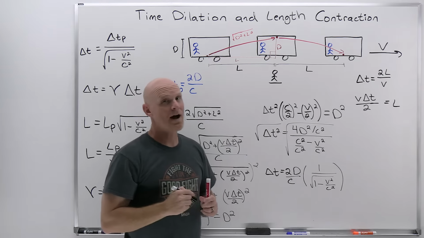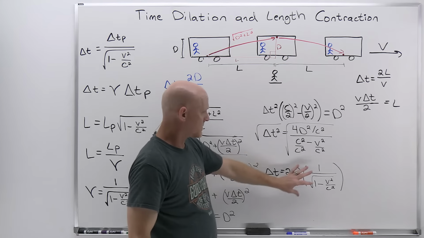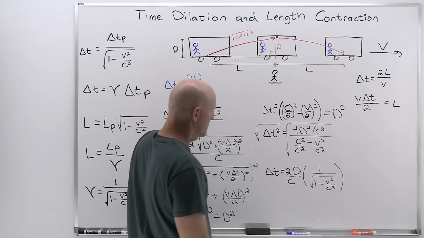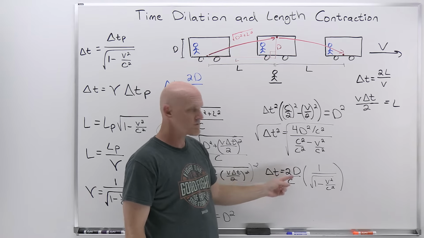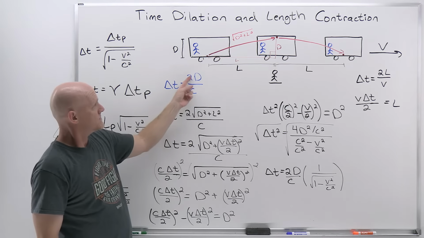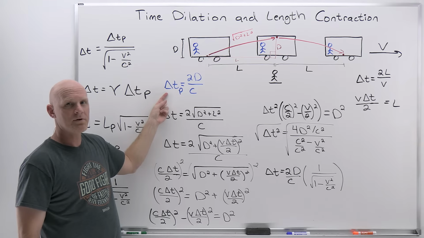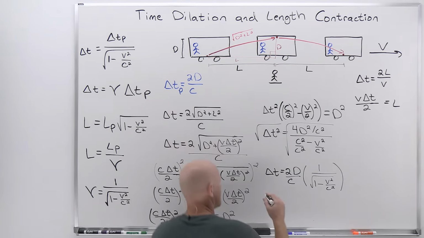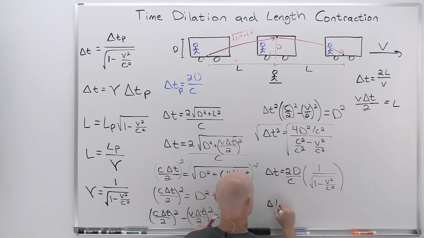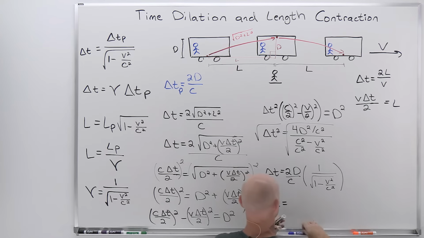And we're just about there. So if you notice, this looks a whole lot like what we got right here with one big exception. We've got this 2D over C. But 2D over C is how we defined proper time just a little bit ago. And so all of a sudden now, we can substitute that in and get delta T equals our proper time.